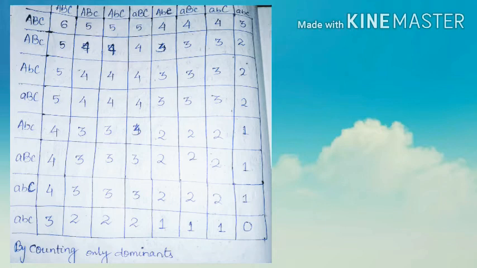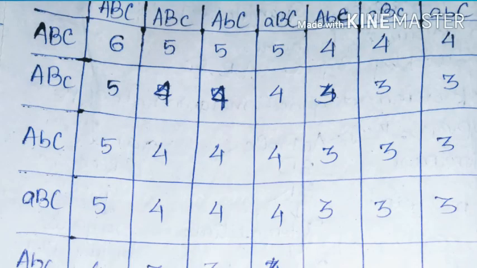So here you just write by counting the dominants only, writing the number of dominant characters in the box. Like if you find capital ABC in the row and capital ABC in the column, then you count the dominant ones, meaning all the capitals are dominant.